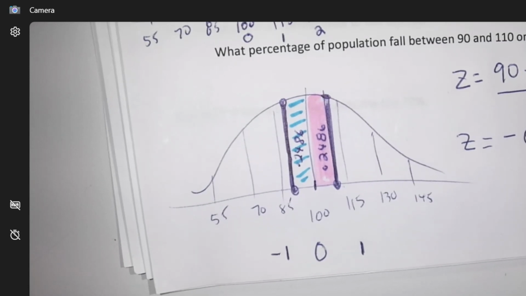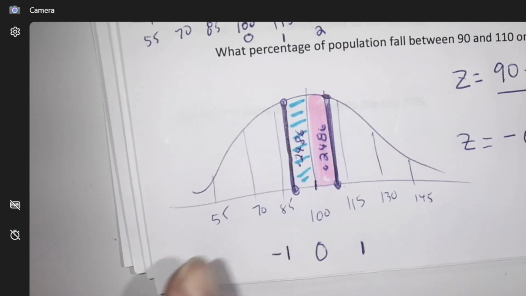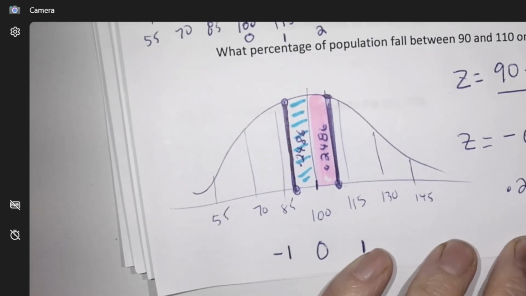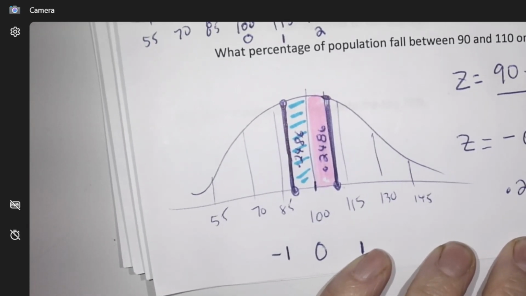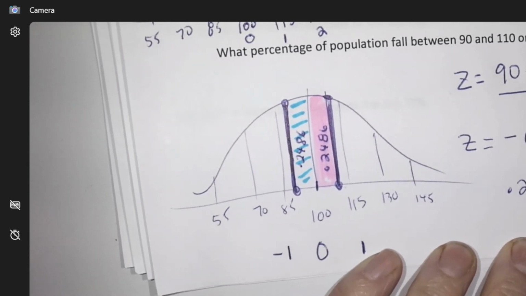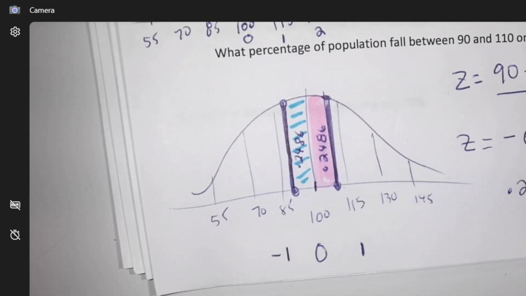So what percent is all together in that zone between all the way from here to here? So 49.72% of the data.